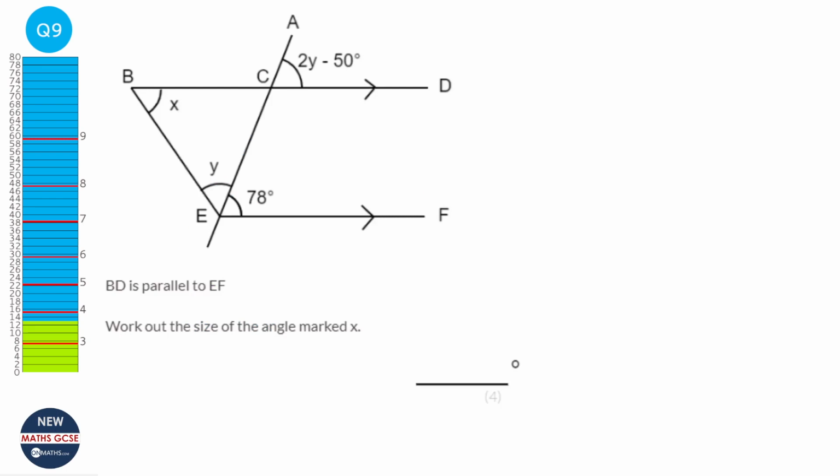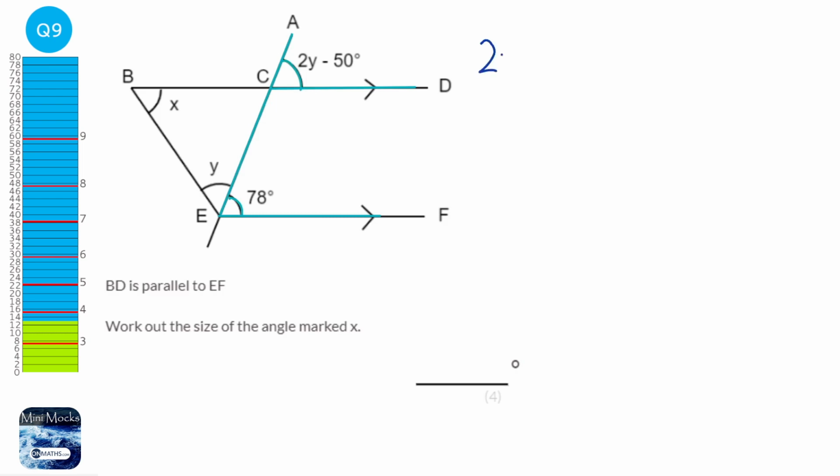To find out what the value of x is, we first of all have to find out what the value of y is. And we can notice that we've got two sets of parallel lines here, and a line going through them. And we've got these F angles, which we call corresponding angles.